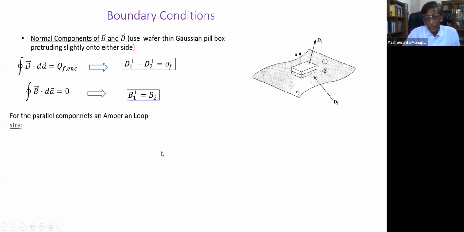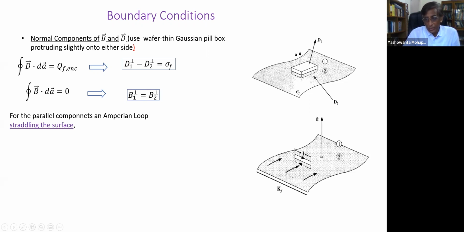For the parallel components, of course, just as an example for E, you take a small Amperian loop which straddles the surface, and then from E dot dl, minus d by dt of B dot dA, you can obtain that E1 parallel is equal to E2 parallel, which is true.